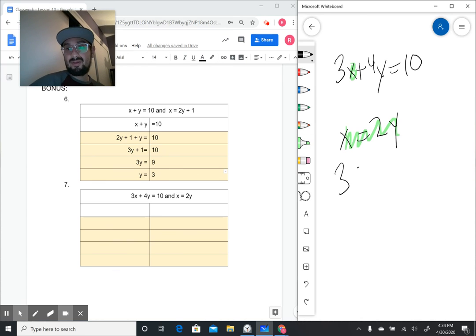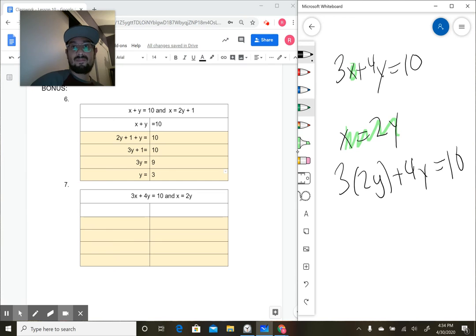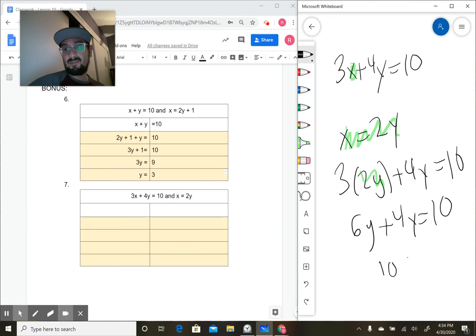So we're going to get 3 times 2y plus 4y equals 10. So we're going to get 6y plus 4y equals 10. We're going to get 10y equals 10. So y is 1. 10 divided by 10 is 1.